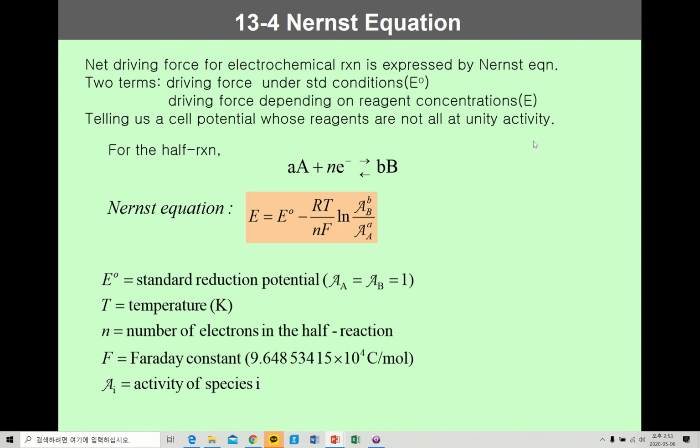Now, the natural question is how E changes with concentrations. So this equation relates E and the concentration.